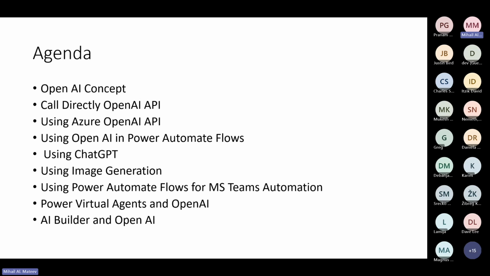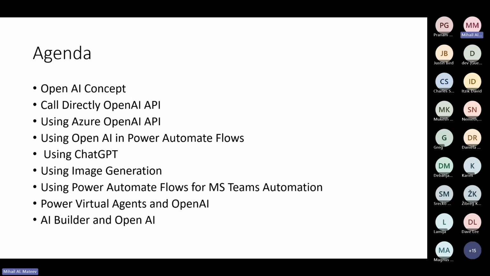We will see how we can have several general types of functionalities related to chat functionalities, generation of images, and also it will be good to have some insights on how the API works on a low level. So I will make some demos also with Postman and Visual Studio, and after that we'll make the same with Power Automate.